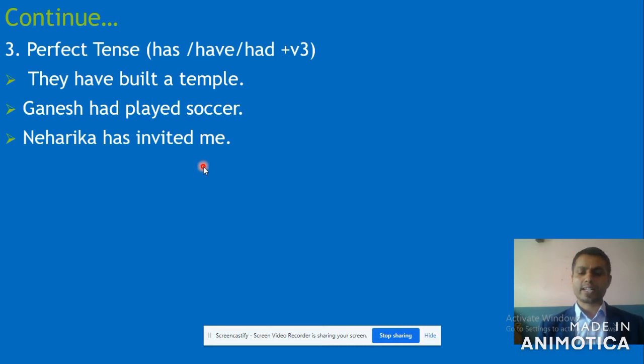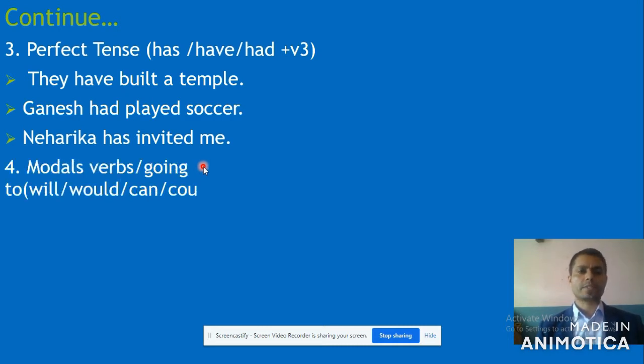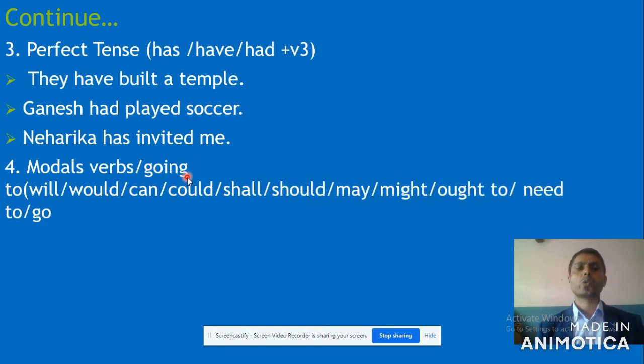Now look at the next one, category number 4: modal verbs, passive with modal verbs or passive with going to. Will, would, can, could, shall, should, may, might, ought to, need to, going to, plus verb 1.